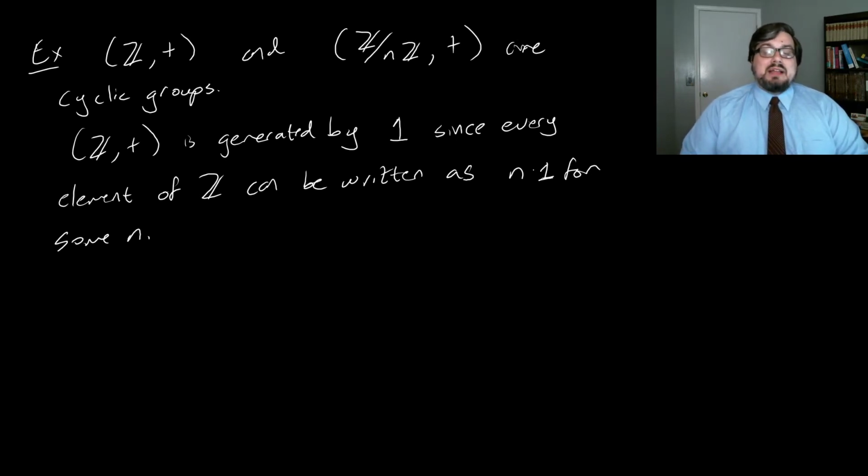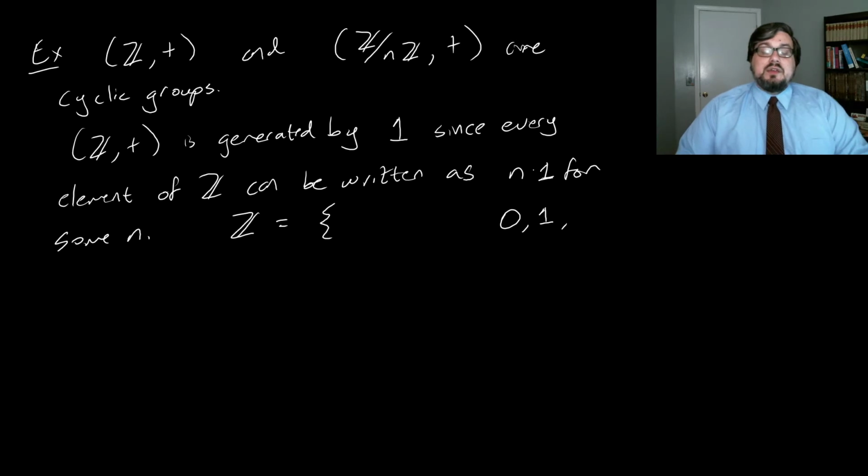And remember that the n's that we use to multiply here can be positive or negative. So another way of thinking about what we're saying here is that Z contains, of course, its identity, and it contains 1, the generator.